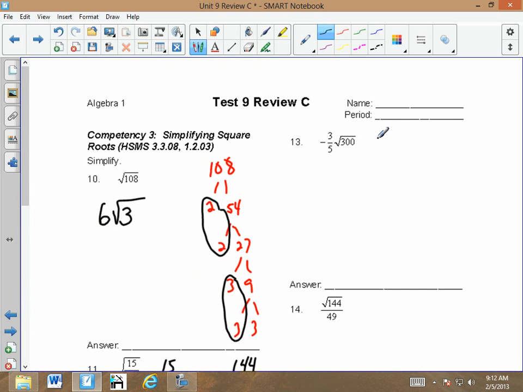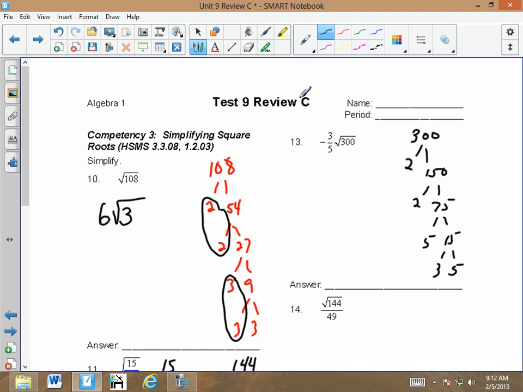Okay, now we have the square root of 100. I'm sorry, the square root of 300. 300 is not a perfect square, so I'm going to have to factor that. 2, 150, 2, 75, 5, 15, 3, and 5.